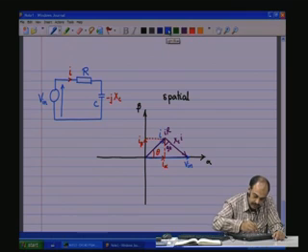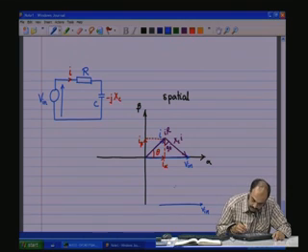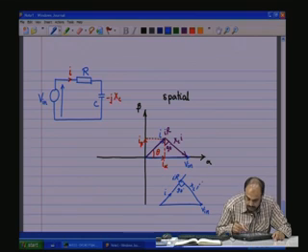In that case, let us say I write V in, and this is the I direction, and we have I into R, and this is 90 degrees, and this is going to be XC into I voltage wise.